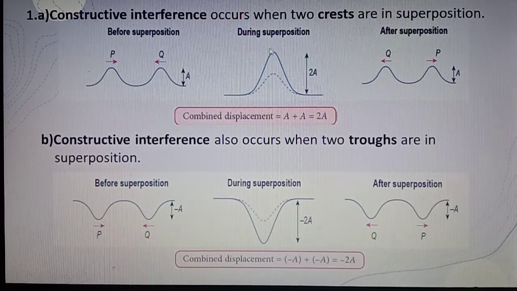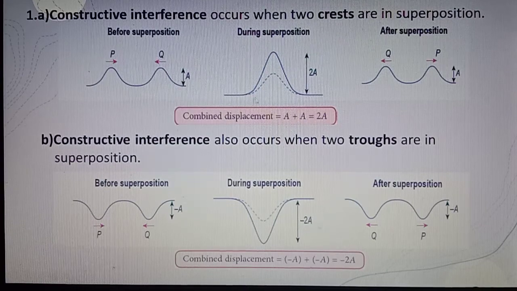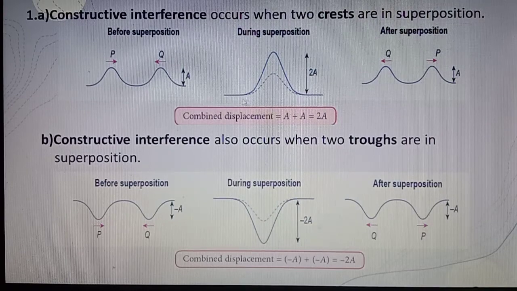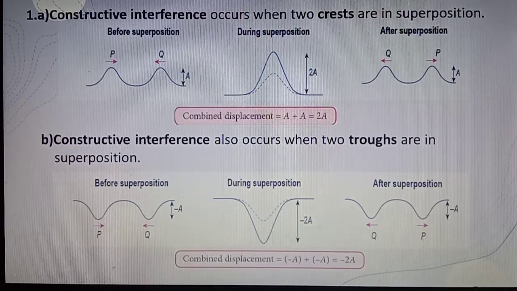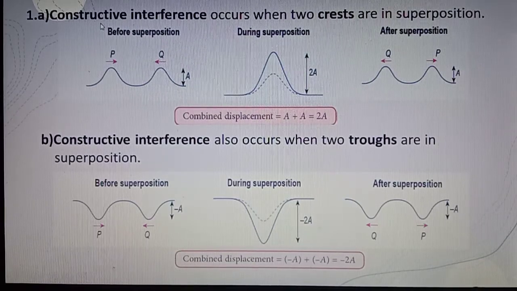So the combined displacement is equal to the sum of the displacements of the two waves. So A plus A equals 2A. It produces a higher amplitude of the resultant wave. That's the reason why we call it constructive interference.